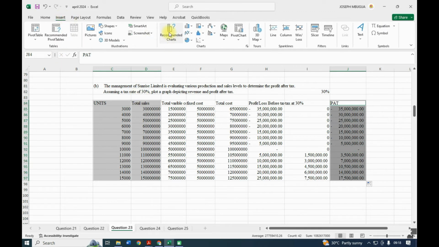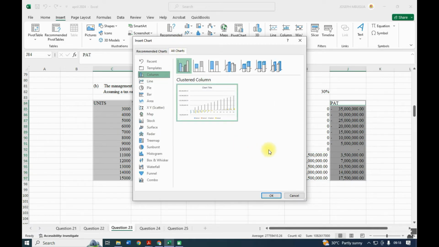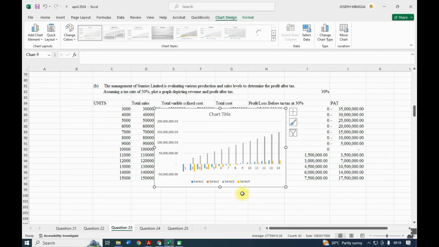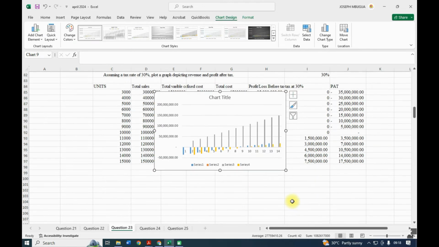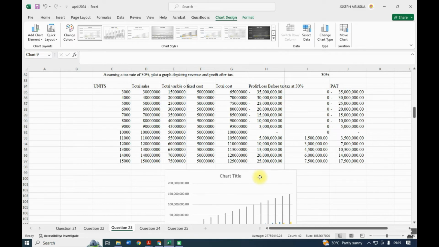And I will insert the recommended chart, and you'll find that none are available for the data selected. Choose a type, so you can use All, and for All, I will use a column. A column will be best because this is a clustered chart showing the three of them.